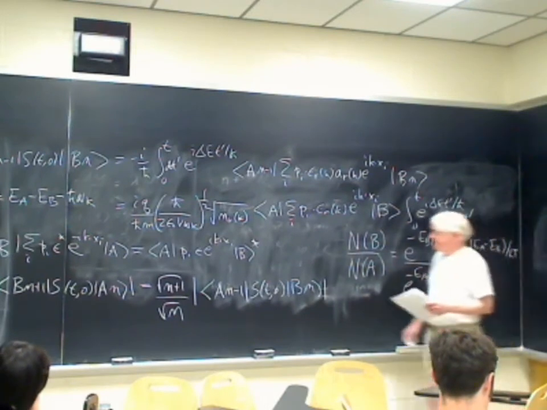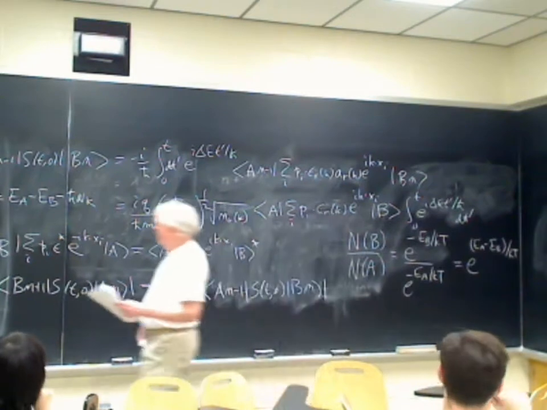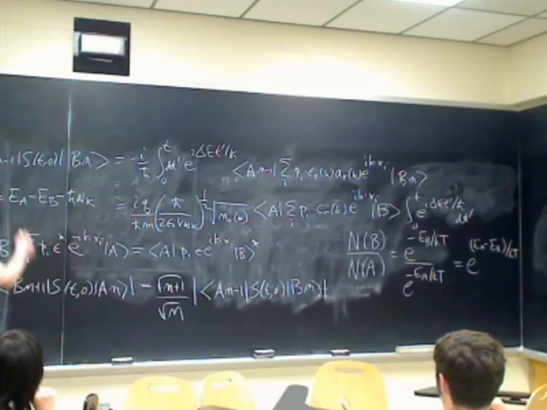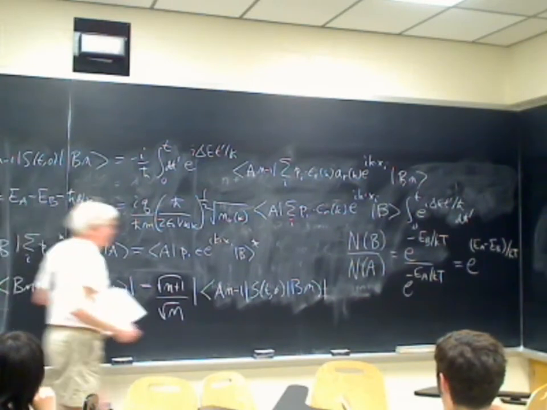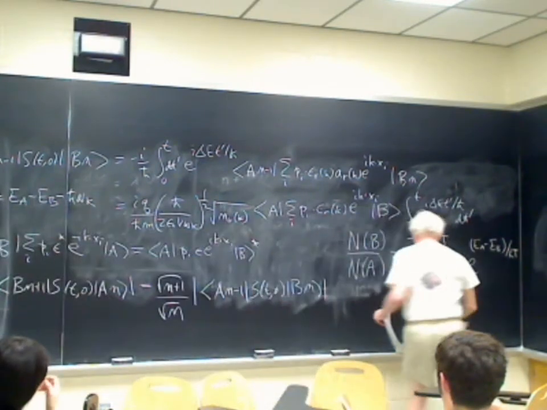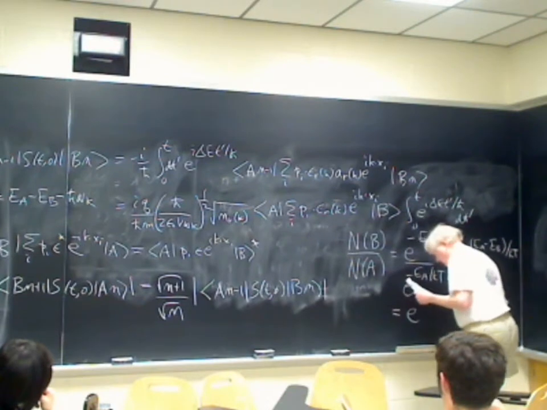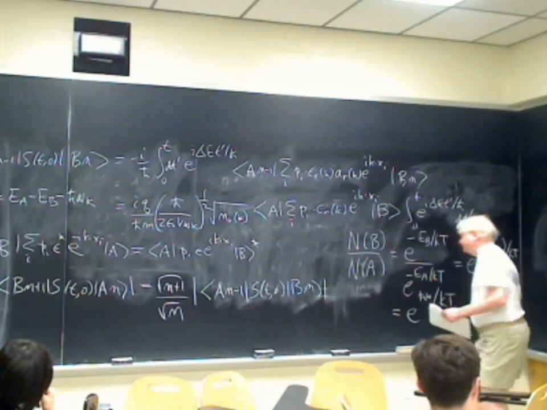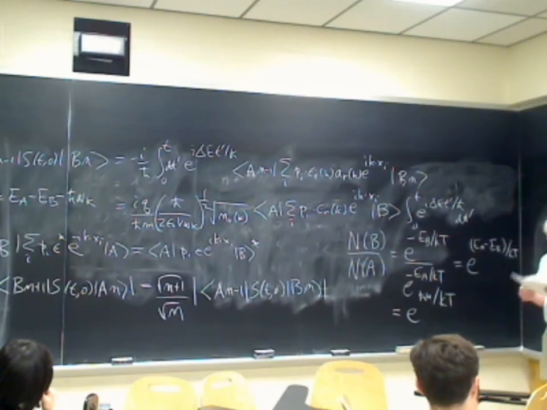Now, what is E_A minus E_B? Well, delta E is enforced to be 0 in these things, so E_A minus E_B is h bar omega_k. So this ratio is e to the h bar omega over kT. So that's N_B over N_A.